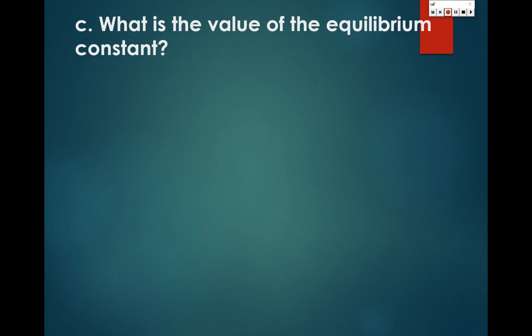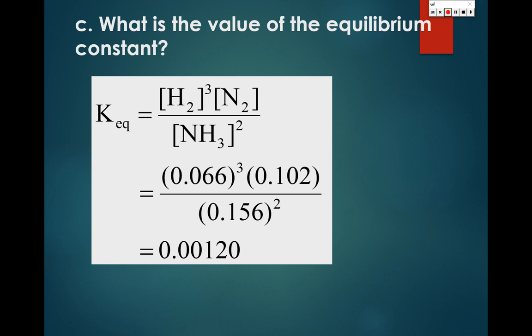Okay, and then it says, what is the value of KEQ? So you get marks for writing out the equilibrium law. Every single time you have to write this. The products over the reactants raised to the exponent, you have to show that.